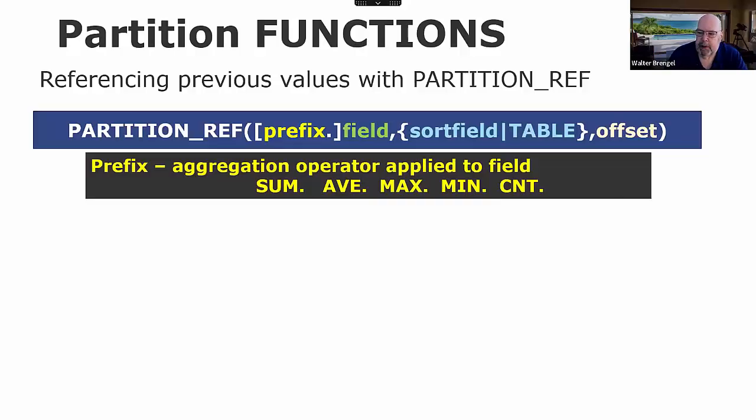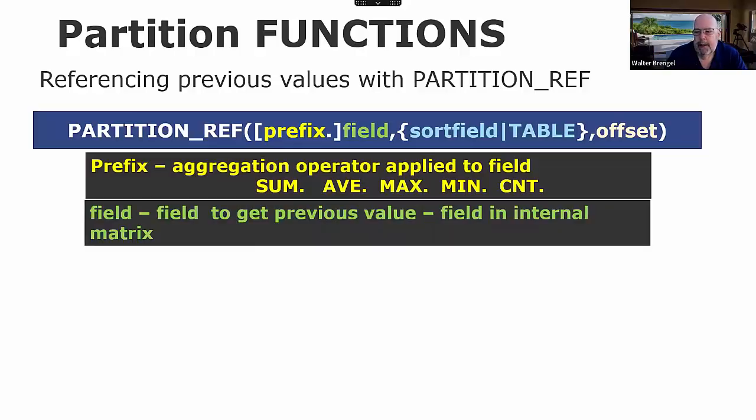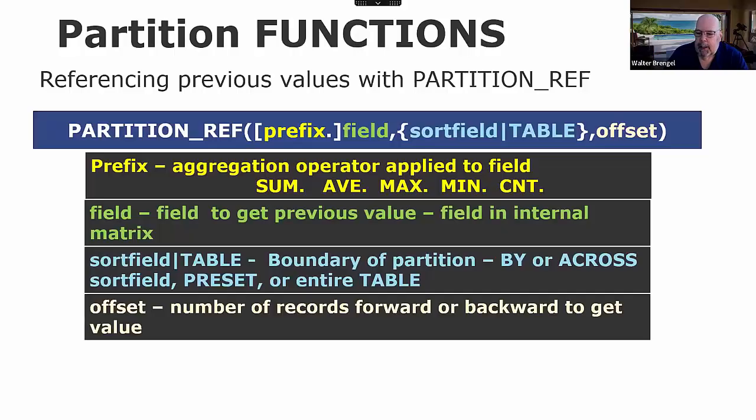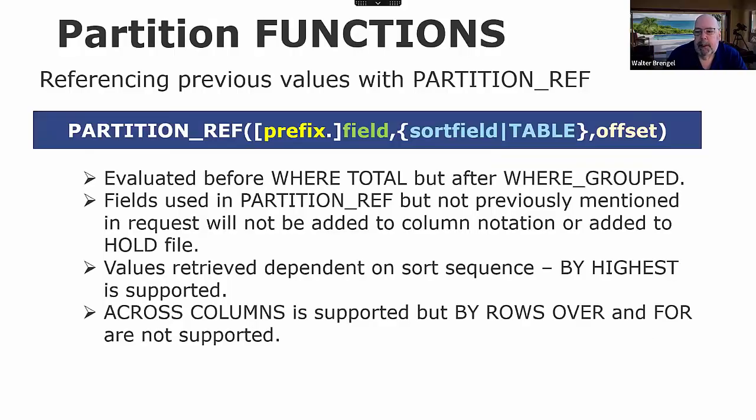Okay, the different prefix operators you can use. The field would be the field, a verb object in the query. This is your grouping. Am I going against the whole table, or am I only doing it based on a sort field? The offset, am I going forward or backwards? I think the partition ref, because it's a compute, it's evaluated before a where total, but after a where grouped.